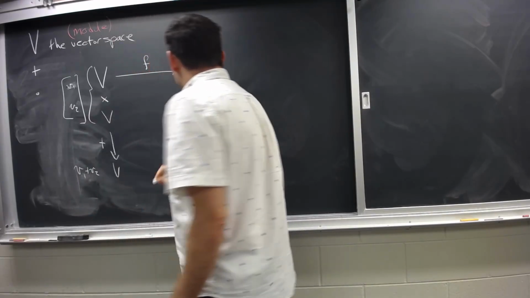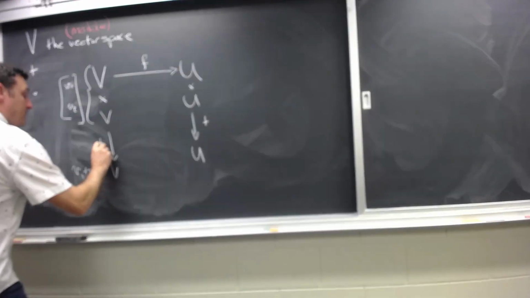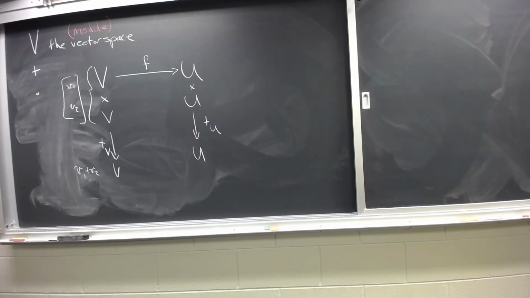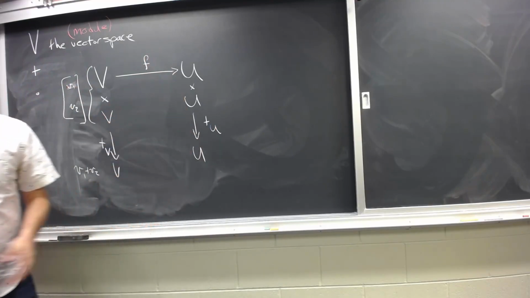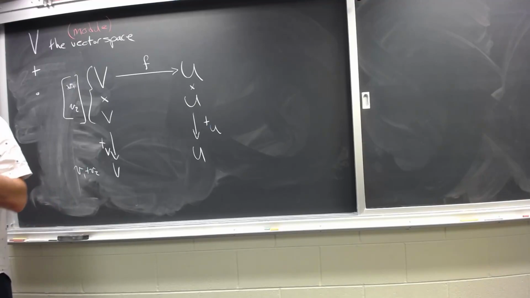U is supposed to have its own addition, right? These don't have to be the same. This one I'll put a V on, that one I'll put a U on, just to remind myself that maybe these are, over here, supplies, and over here are client orders. Those don't even have to have the same shape. Those can be completely different looking vectors, and we're looking for a comparison between the two.